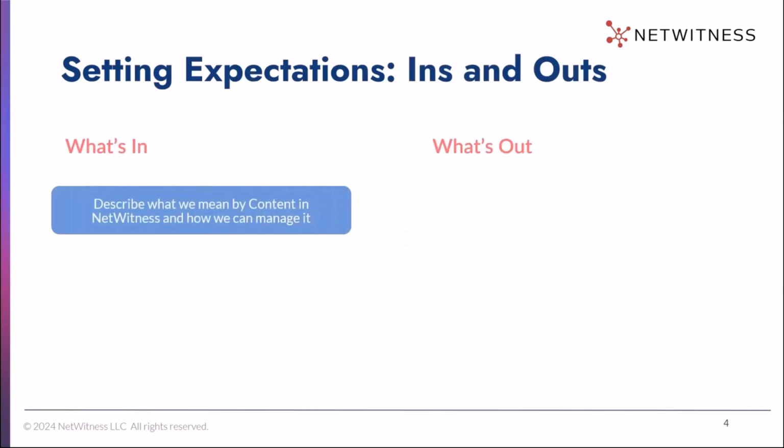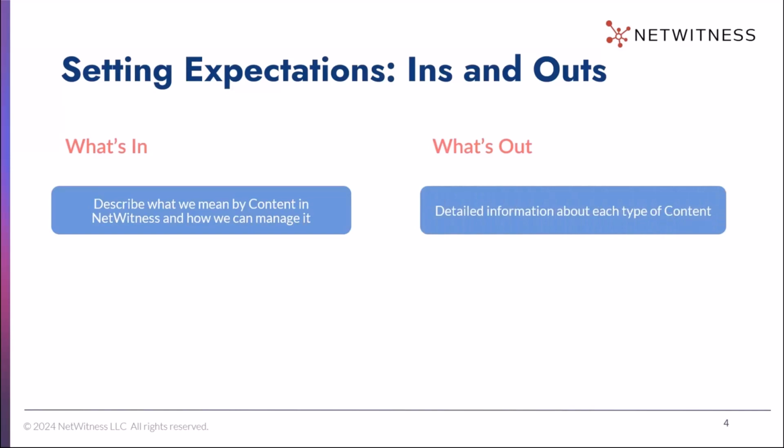So before we start, let's set some expectations about what we will be covering in this session and what we will not be covering. For example, we're going to describe what we mean by content in NetWitness and how you can manage it. However, we will not go into detailed information about each type of content and how you can create it, or how or where to use this type of content.